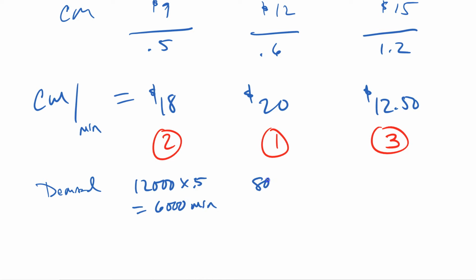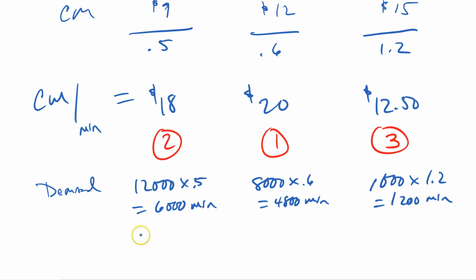For the premium, it's 8,000 units times 6/10 of a minute, which is 4,800 minutes. And finally, it's 1,000 units times 1.2 is 1,200 minutes. I add all those minutes up, and we get demand for 12,000 minutes.